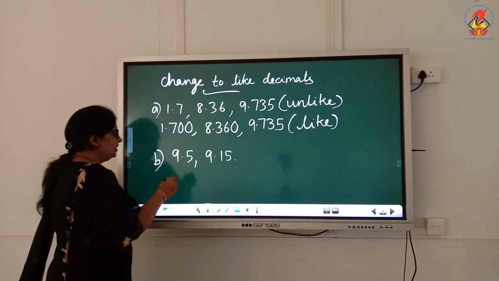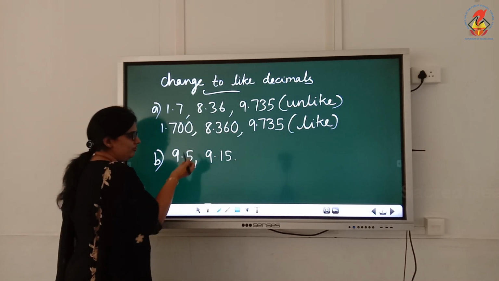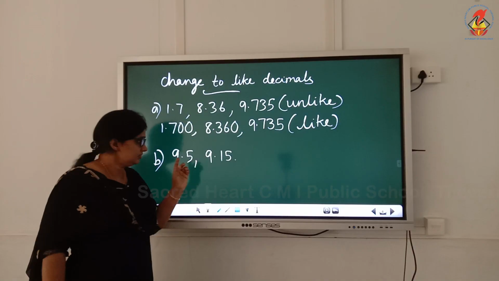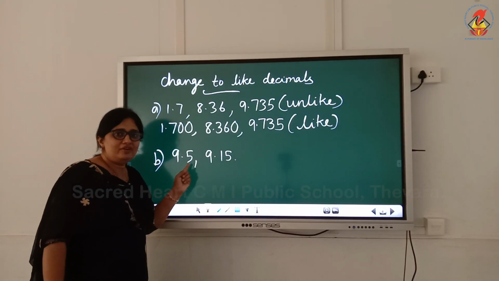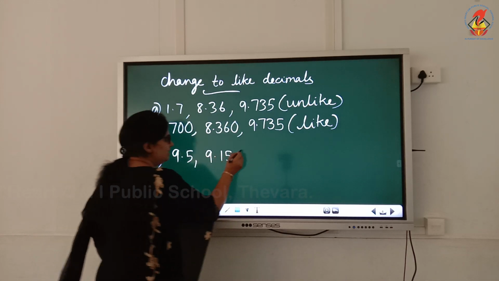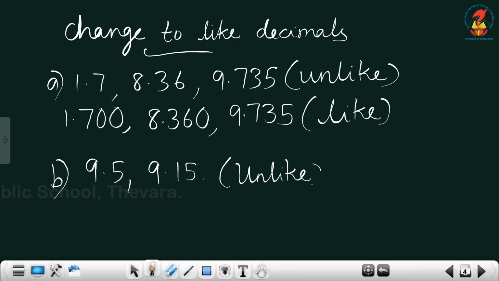Is it clear? And see B, question number B, 9.5, 9.15. Here I have 2 decimal places, but here I have only 1. How can I make it into equivalent decimals? I need to add 1 more zero here, then I will get 2 decimal places here. This one is unlike only, but I need to change it into like.